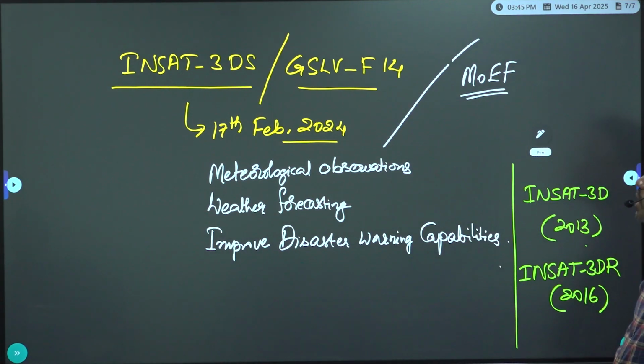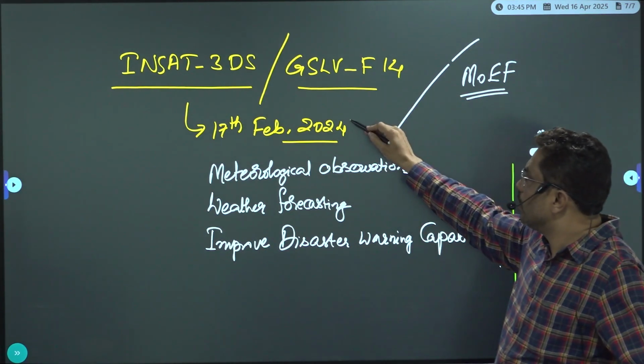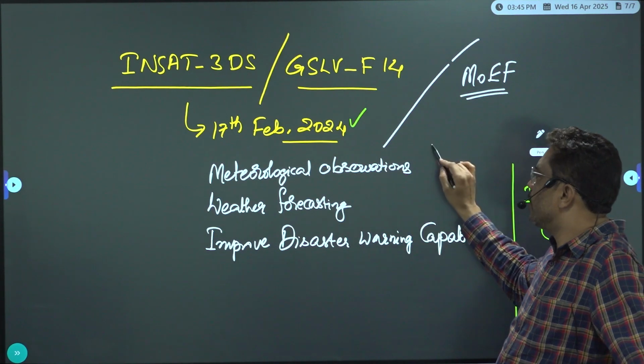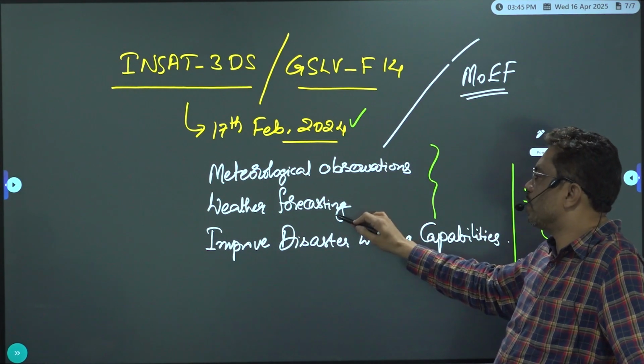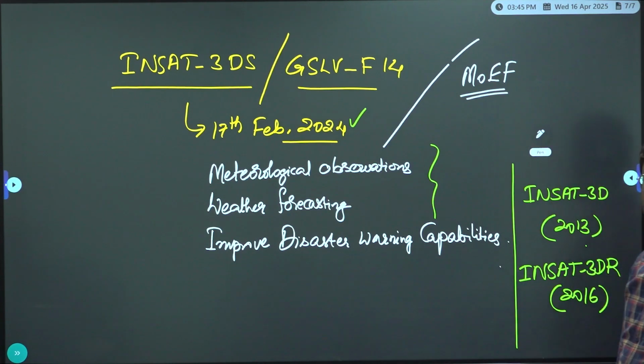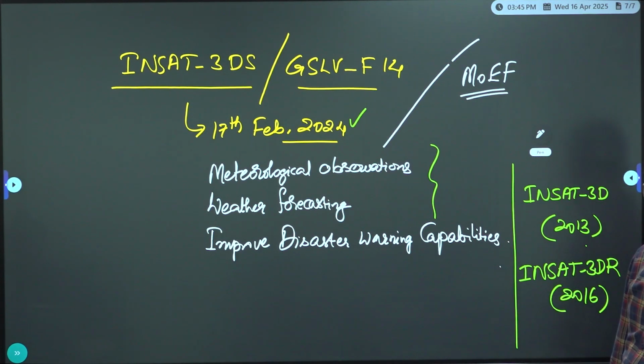It was launched with the help of a rocket called GSLV F14, in the year 2024. It is a meteorological satellite or weather observation satellite, for meteorological observation, weather forecasting, and improving disaster warning capabilities. This satellite was completely funded by the Ministry of Environment and Forest.